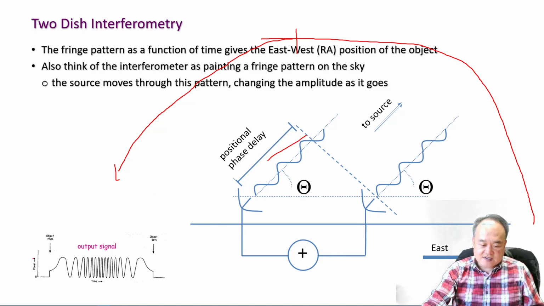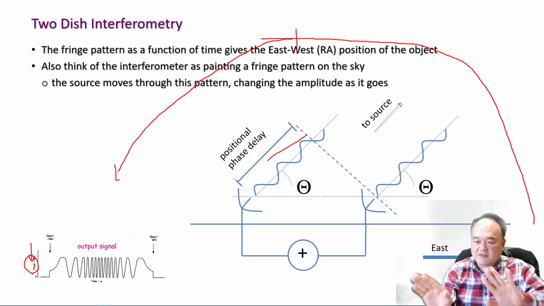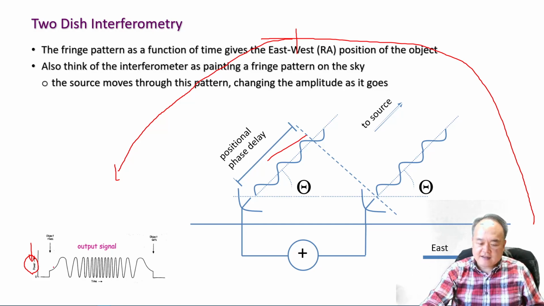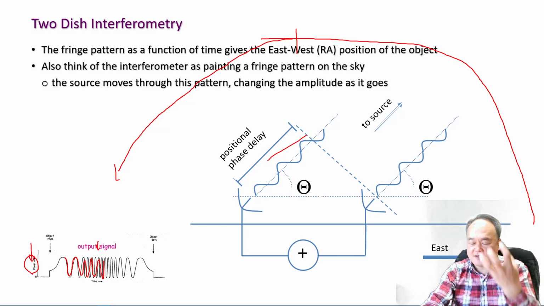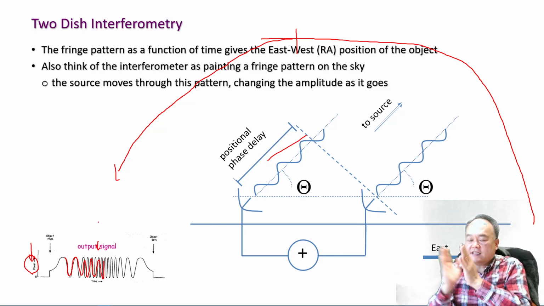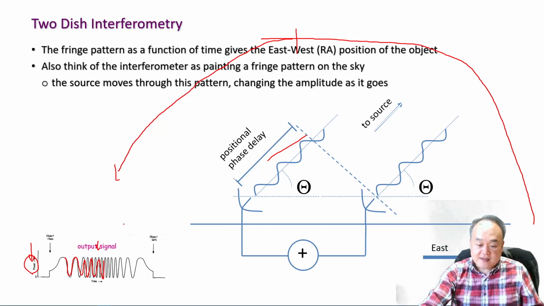So this is the so-called visibility power. This is the interference pattern's power, and it shows that this so-called fringe pattern changes as a function of time, achieving the highest frequency and the maximum power when the source is transiting.